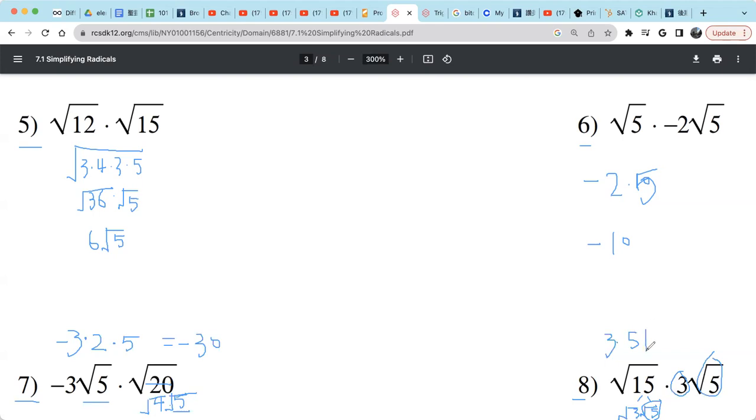But I still have square root. This is square root of 3 here. I still have square root of 3. So 3 times 5, 15. So the answer for 8 is 15 square root of 3, or 15 times square root of 3.